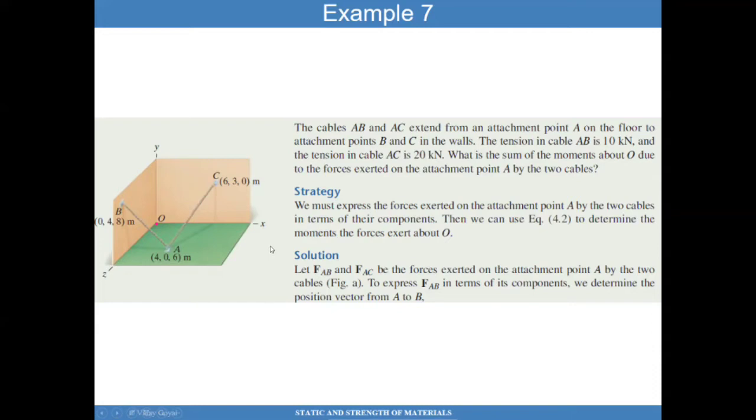So we have to express the forces exerted on the attachment A by the two cables in terms of their components. So we know the magnitude. What we need to figure out is how to get the components. And the idea here is to find the unit vector that goes along AC and AB. Once I have that, we can then proceed.